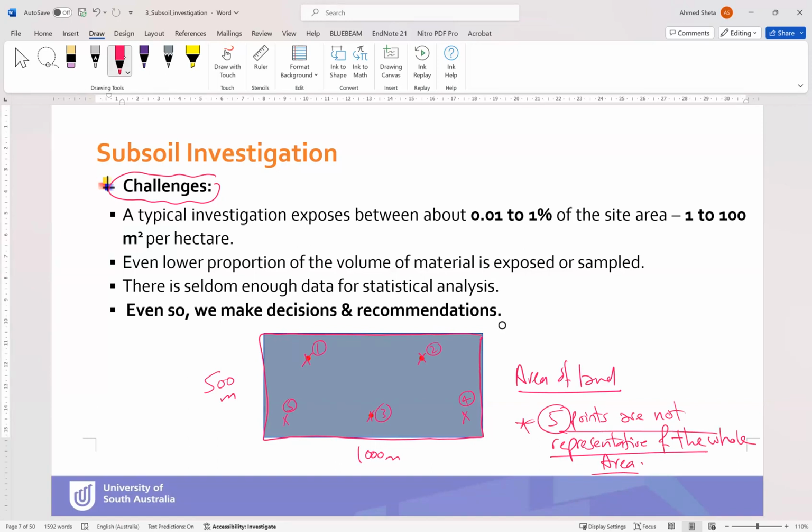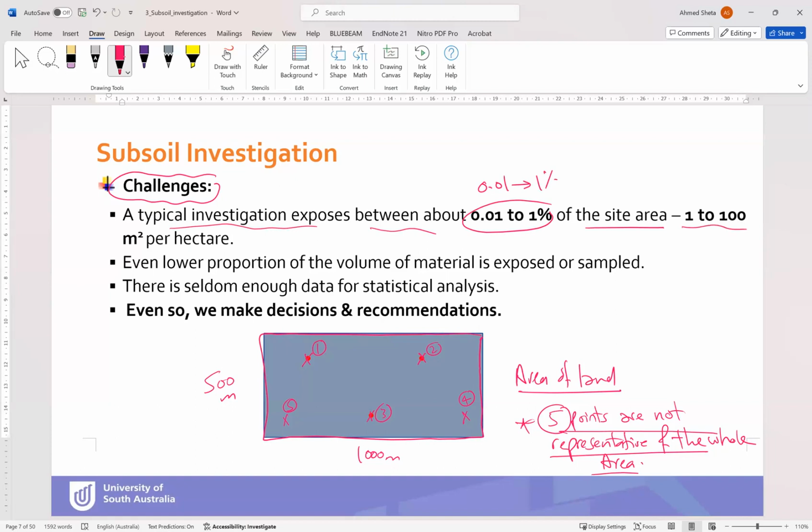So you just need to pick some points to study or investigate. It's hard to have certainty of the results you got, but this is one of the challenges we are facing in subsoil investigation. A typical investigation exposes between only 0.01 to 1% of the total area.